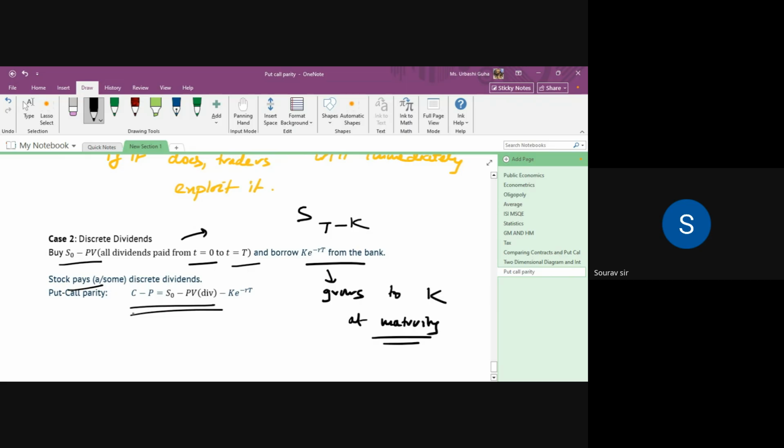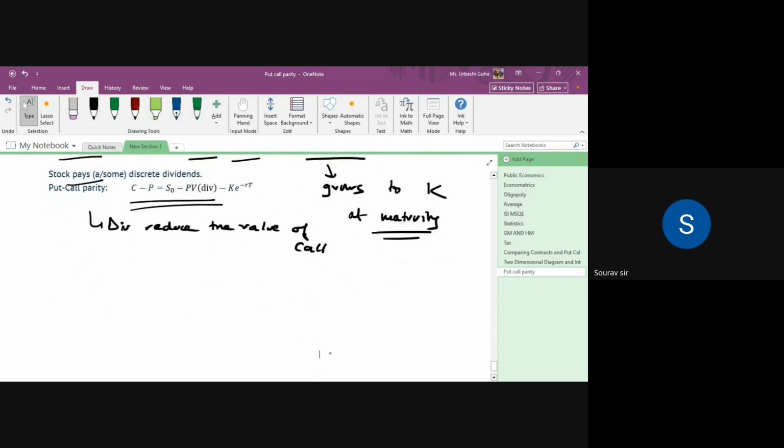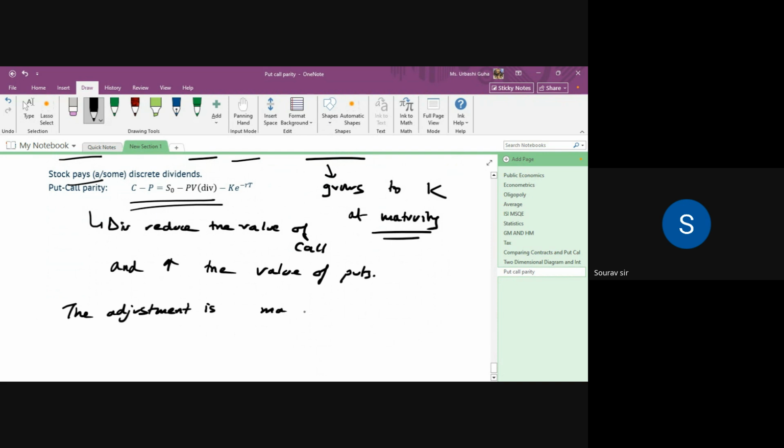Dividends reduce the value of the call, since the stock price drops, and increase the value of puts. So the adjustment is made by subtracting the present value of dividends from the spot price.